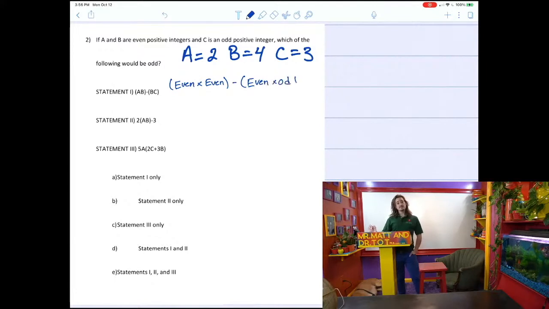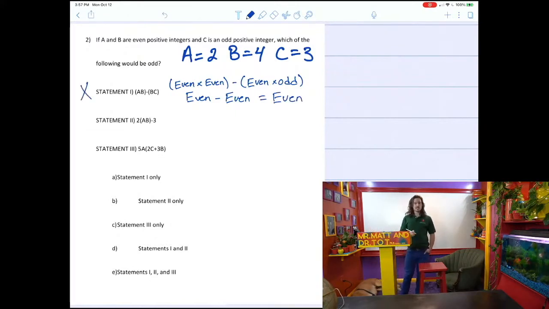Now an even times an even is an even, and an even times an odd is still an even. And an even minus an even will remain even. So statement 1 is not true. It's going to produce an even result and therefore would not be a true statement here.